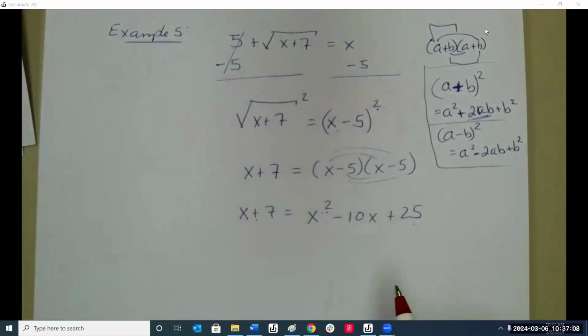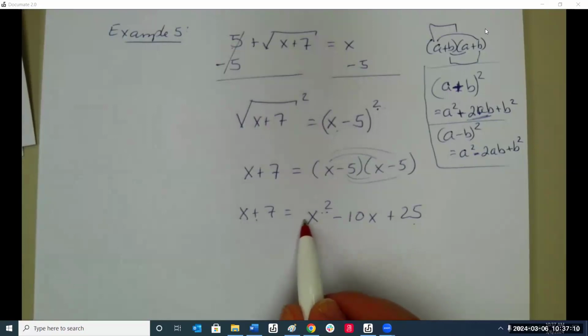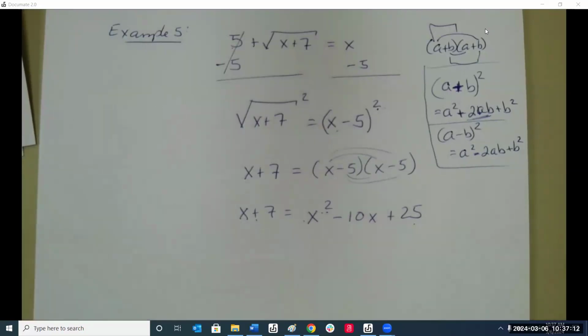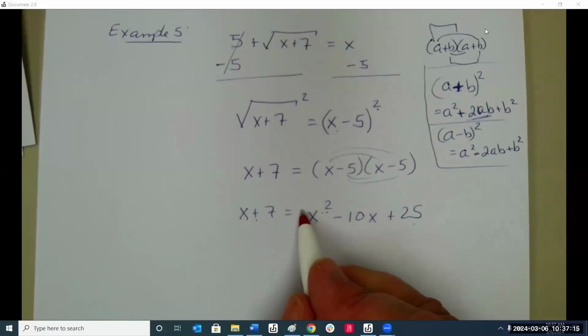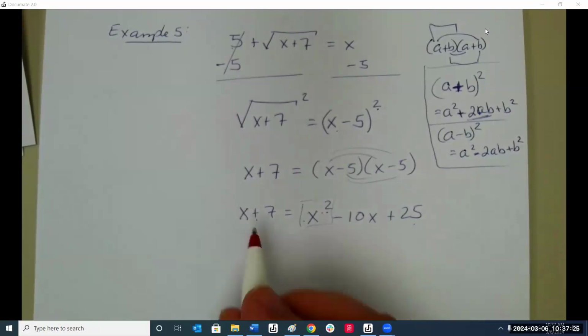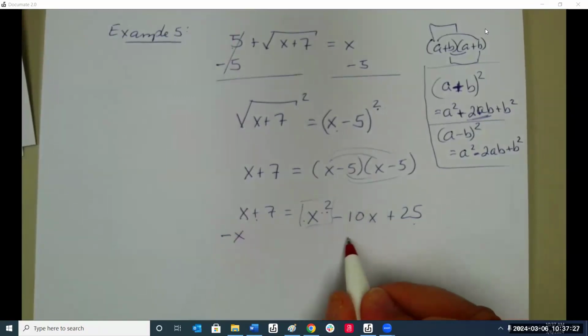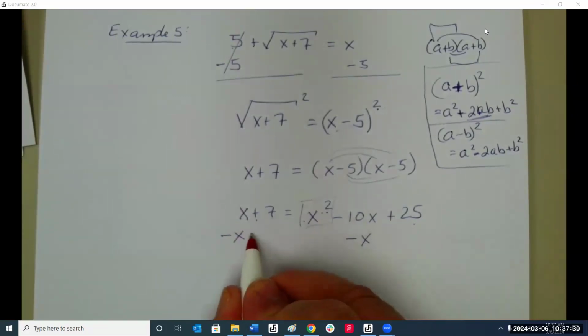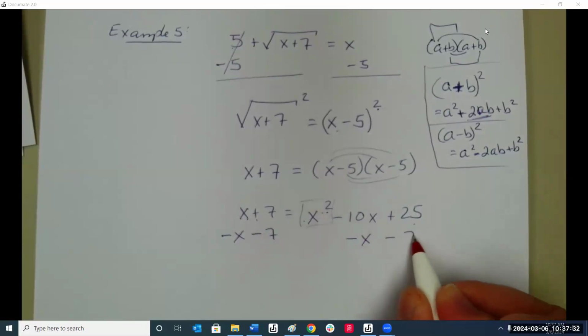But here's a corollary: if this was negative, we'd move everything to the other side, because you want the biggest term to have a positive coefficient. So if that was negative, we'd move everything to the left. But since it's positive, we're going to move everything over. So we subtract x from both sides, and we subtract 7 from both sides.